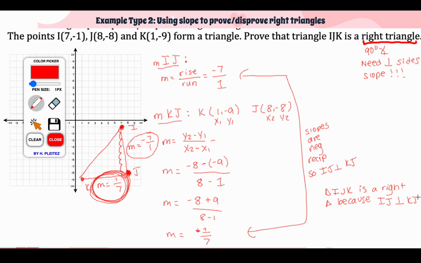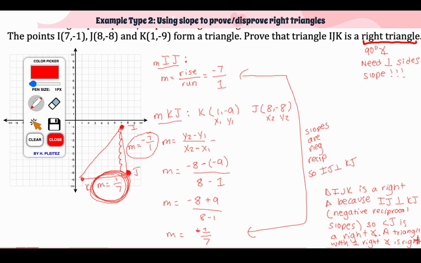And whenever you're mentioning something like parallel or perpendicular in your concluding statement, I like to cover my tracks and I'll write in parentheses negative reciprocal slopes, and then I'll say so angle J is a right angle. And if you want to cover your tracks even extra, I would say a triangle with one right angle is a right triangle.